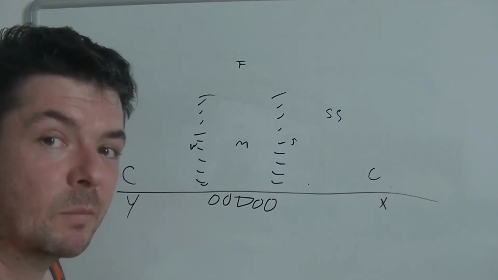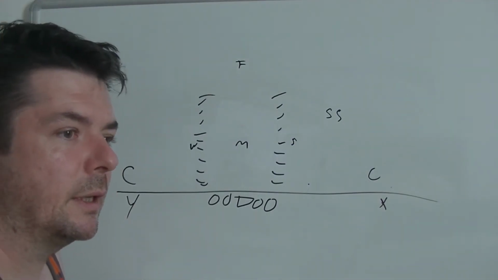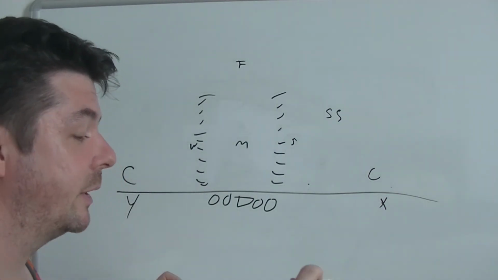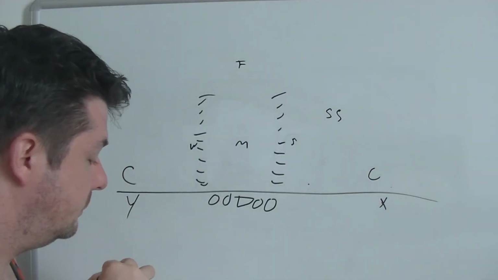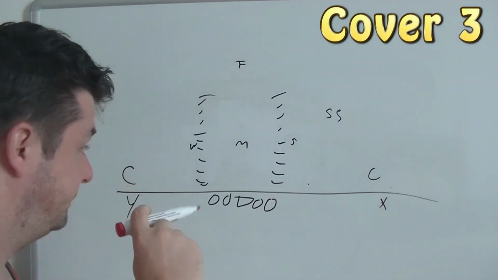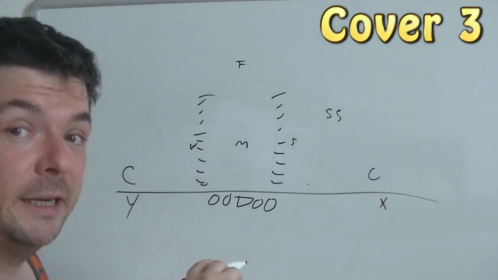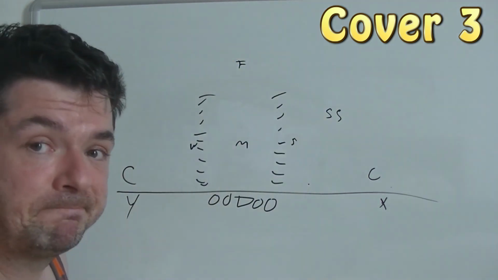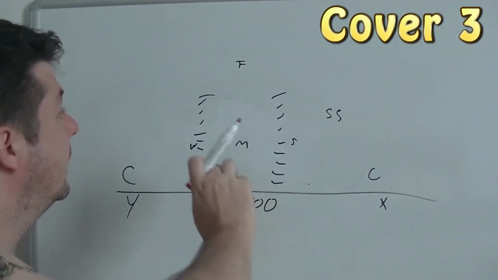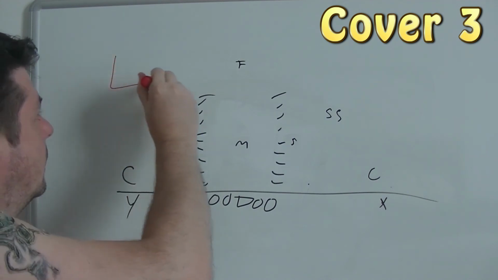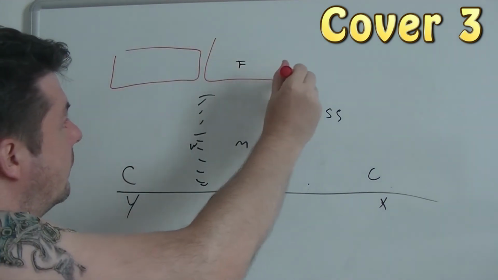All right. Now for the next most popular kind of coverage for defense, we'll have something called cover three. We will use red for this one. So with cover two, you have two up the back. With cover three, you'll have three people covering the back.